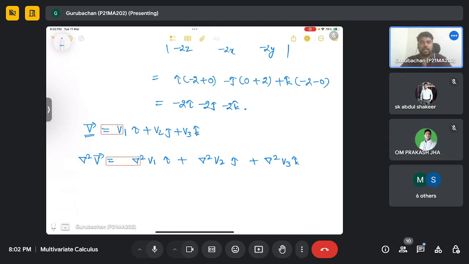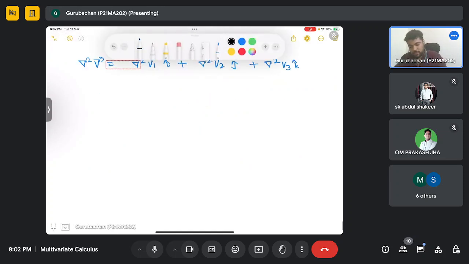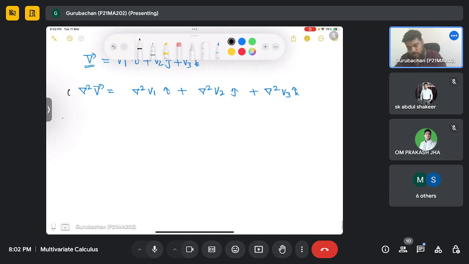So I think time is up. This question will be enough for today, or else I can give you one more related to your line integral. This will be our last question. Question number 10.